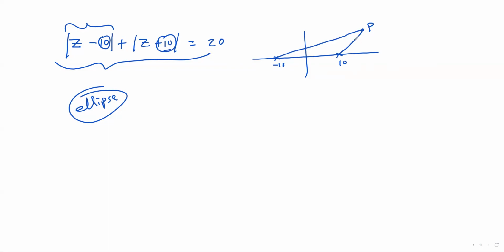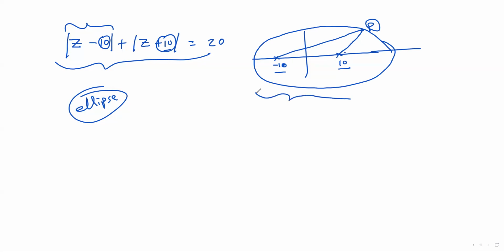And the sum of these two distances is constant. We have to find the locus of all such points which keep this sum of distances constant. This is a property followed by an ellipse. For any ellipse, if these two are the focal points, then find the distances from any point on the ellipse to these focal points and add them, and you get a constant, which is generally 2a.